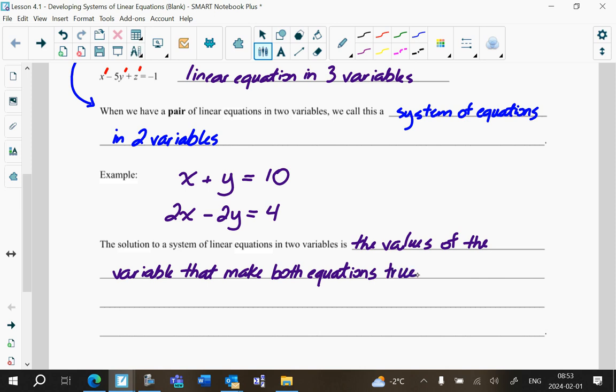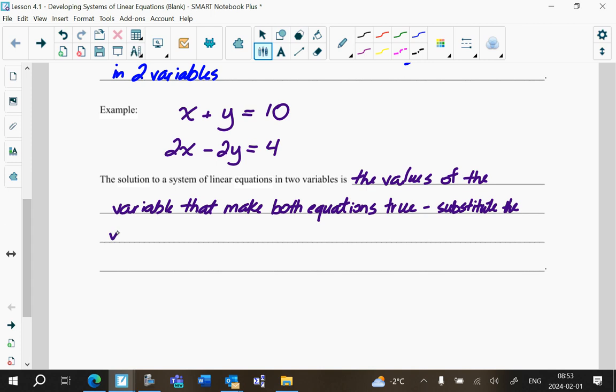What does that mean? That means if we substitute the values of the variables in each equation, the left-hand side will equal the right-hand side.